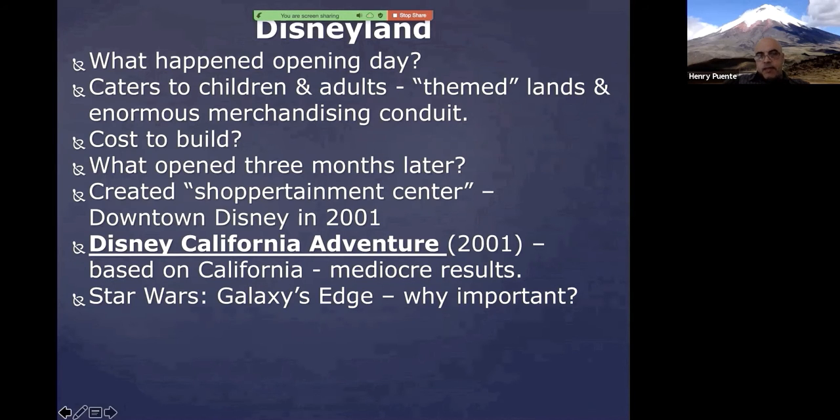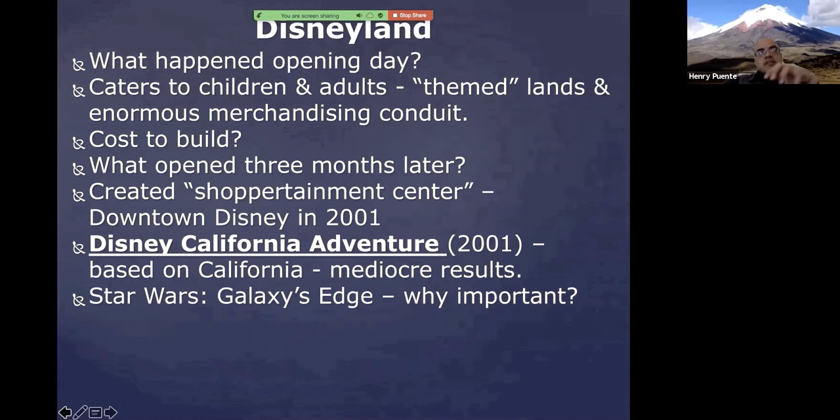But that being said, Disney again didn't have the money or the funds to actually own the hotel initially. So other investors had to open that hotel before he was able to get ownership of the hotel. He also created a shoppertainment center.